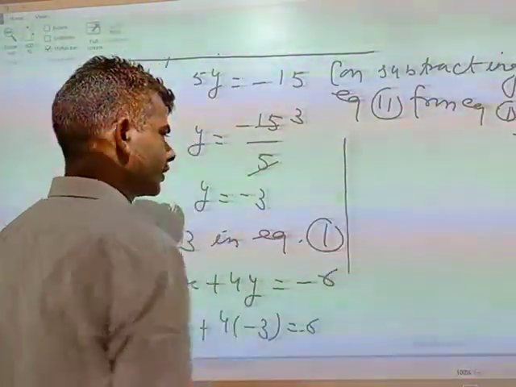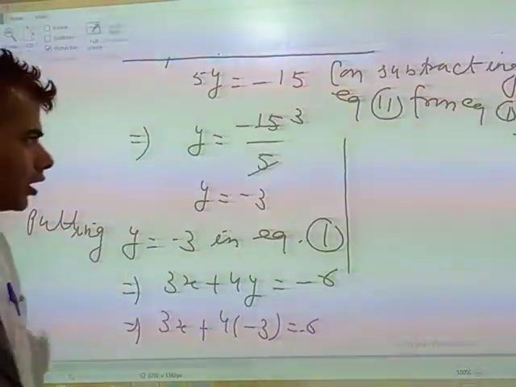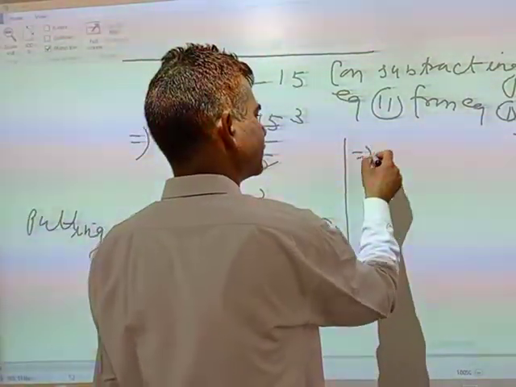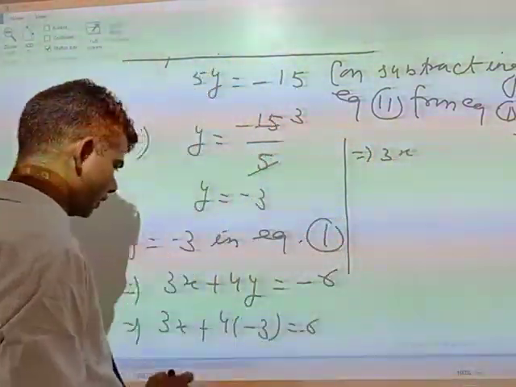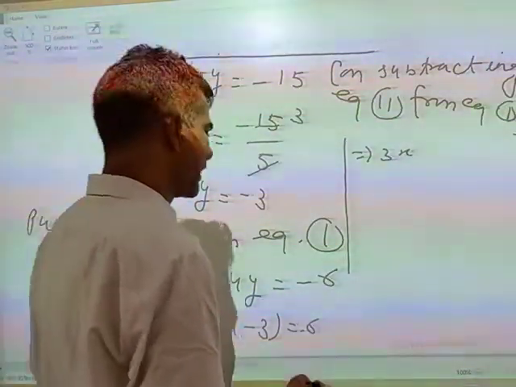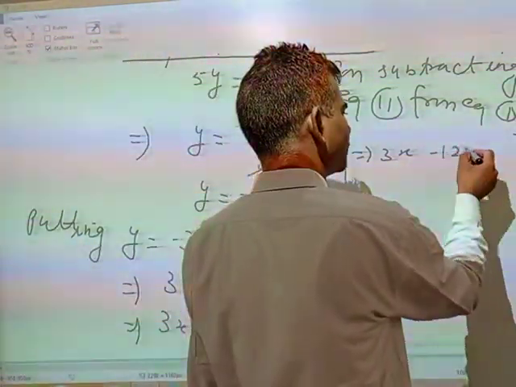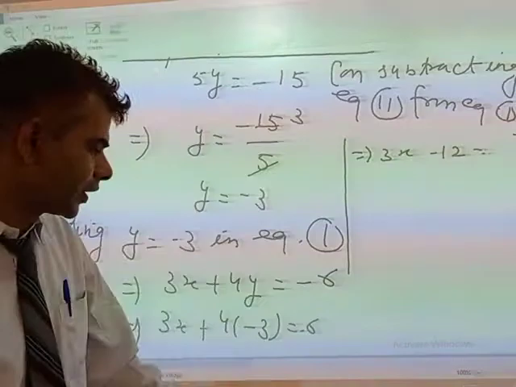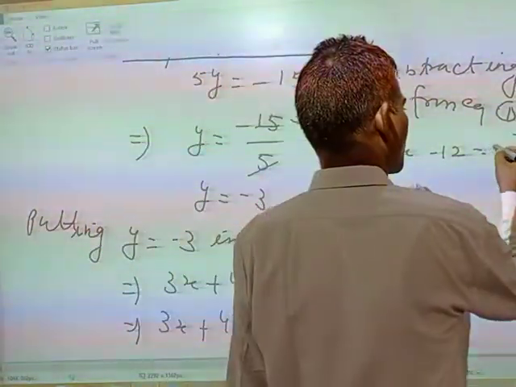Now students, that is 3x, 4 3s are 12, minus 12, that becomes minus 6.